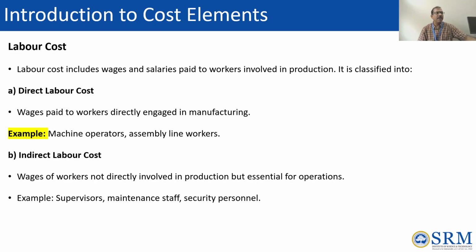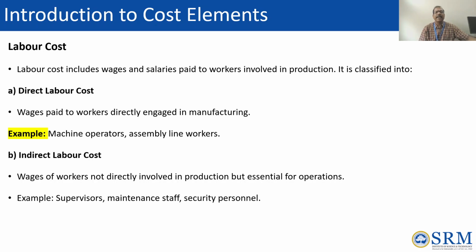They are needed, but they are not directly handling the work; they are controlling or monitoring the workers. So the supervisor charges, maintenance staff, or security personnel ensuring the security of that floor or plant, for them also we need to pay wages and salaries. Those things come under indirect labor cost.